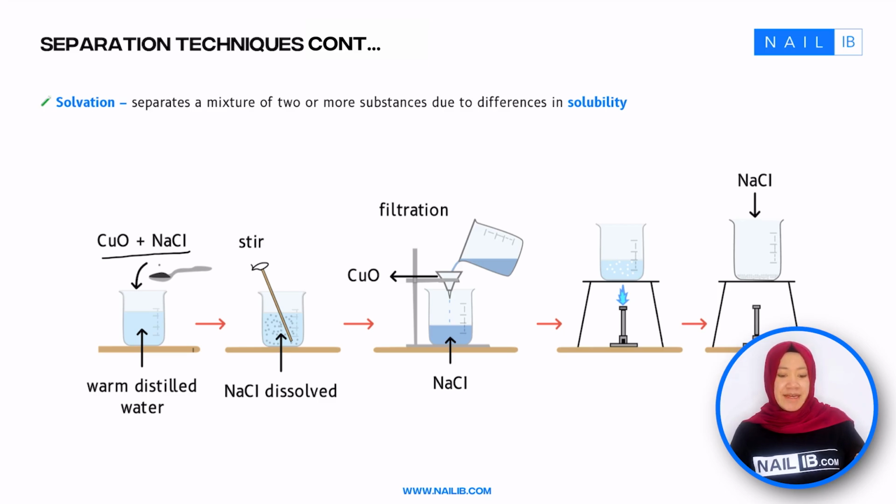Then you can separate the copper oxide that is not dissolved, and it will be residue here on the filter paper, and the salt solution will be here as a filtrate. And then you can go through the same process, evaporation and recrystallization. So you add heat to evaporate water, and you can collect the salt crystal right here.